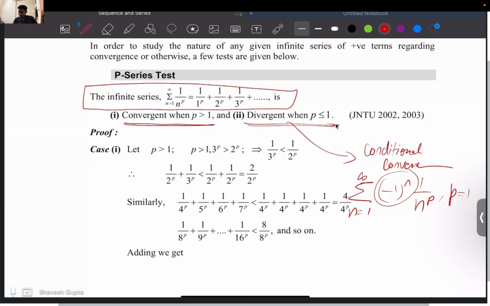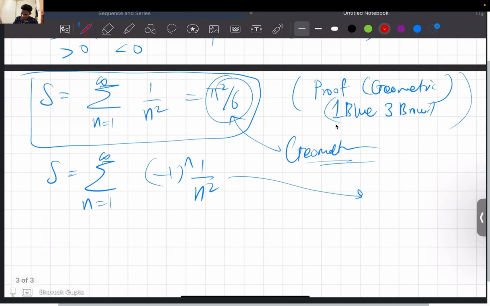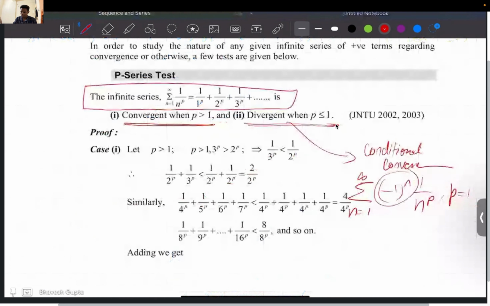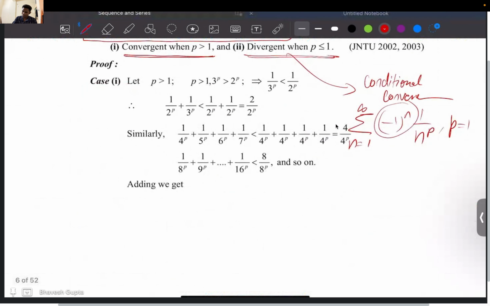And the way we can test this is via the Leibniz test, right? The idea behind the Leibniz test is that here you have the convergence because of the oscillatory cancellation. Now let's ignore this oscillatory cancellation. Let's say all the terms were absolutely positive, because in the Leibniz test you basically try to calculate this, right?